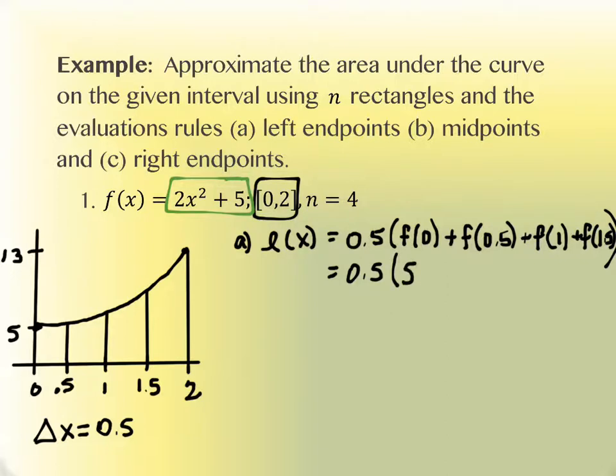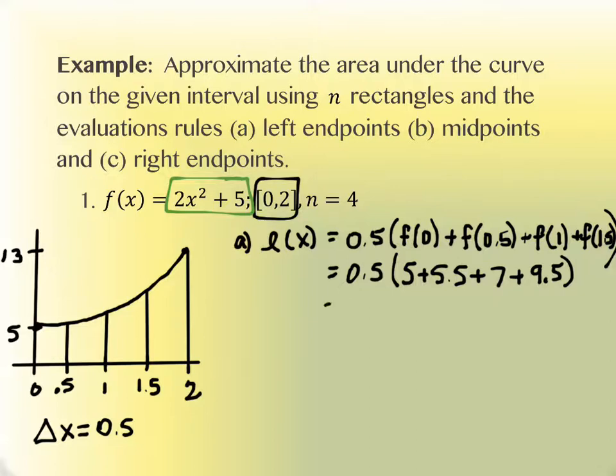That one's 5. Okay, what happens when you put in 0.5? We get 5.5. How about 1? 7. And 1.5? 9.5. And then you're going to add them together and multiply by 1/2 or divide by 2.